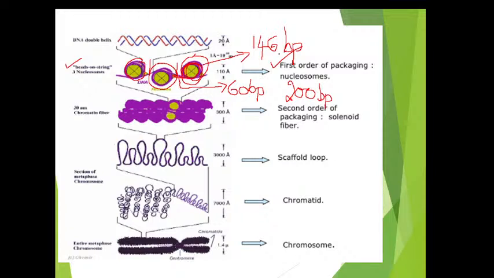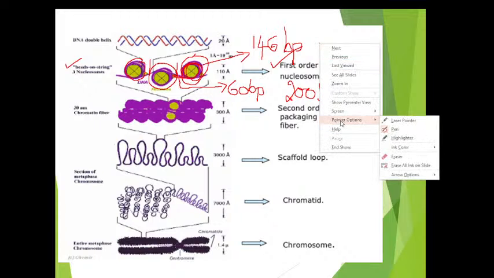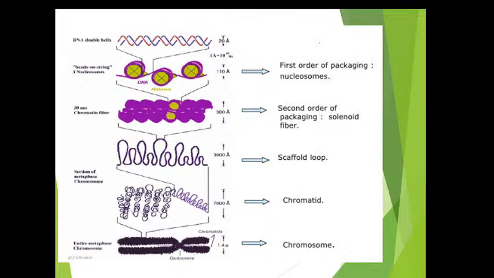That means from this region to this region, it is 200 base pairs. Hope it's clear. This is the first order of packing of nucleosomes. First order means it looks like beads on a string. So first order packing of chromatin is called nucleosome.